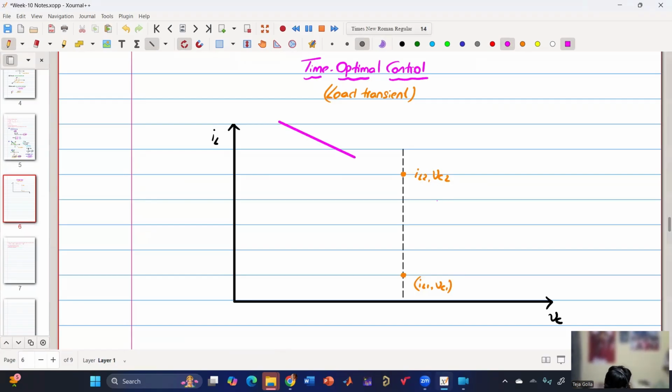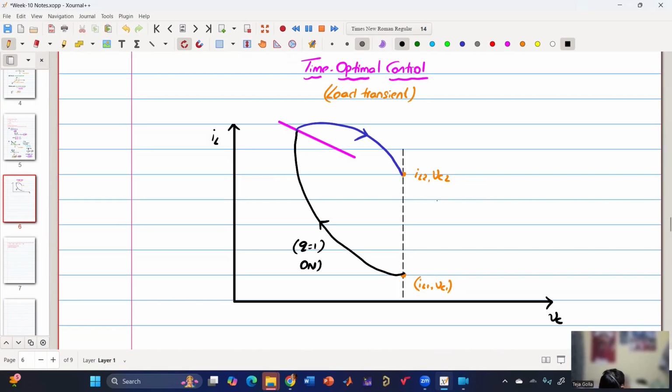So this is my q equals 1 or on state trajectory, and this is my q equals 0 or off state trajectory. Clear?